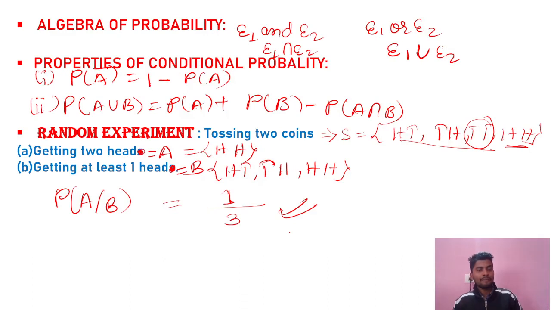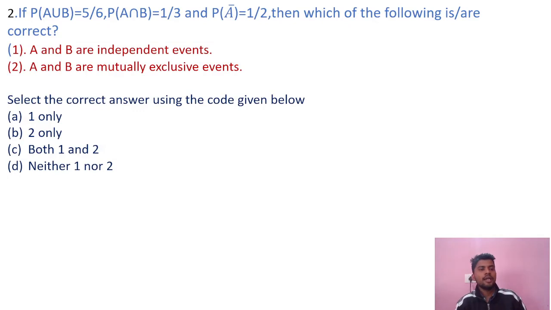So the probability of getting two heads under the condition of at least one head is 1 upon 3. Okay, we understood.